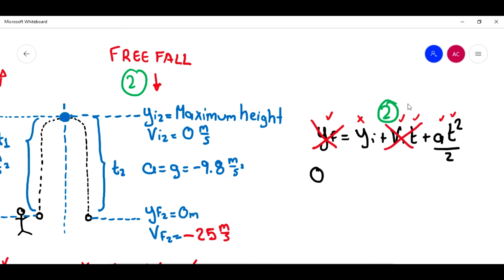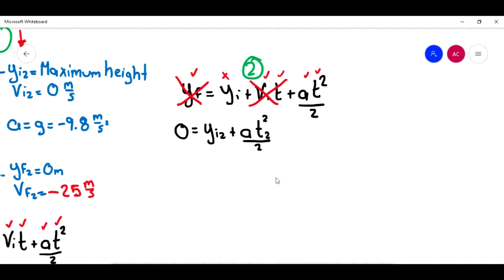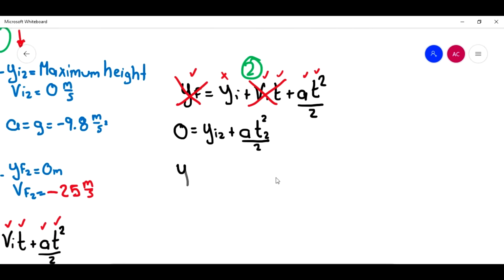So 0 equals the initial position of segment 2 plus the acceleration times the time of segment 2 squared over 2. Okay, so the initial position of segment 2 equals negative acceleration multiplied by time 2 squared over 2.